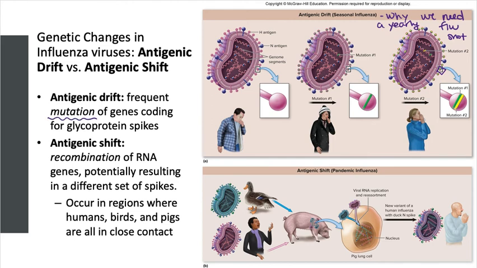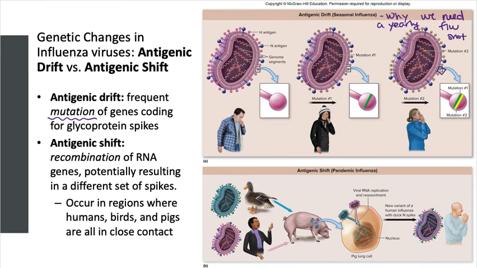Antigenic shift, on the other hand, this is what happens in our influenza A strains. Antigenic shift is when the virus recombines with a second virus inside an intermediate host, like a pig.